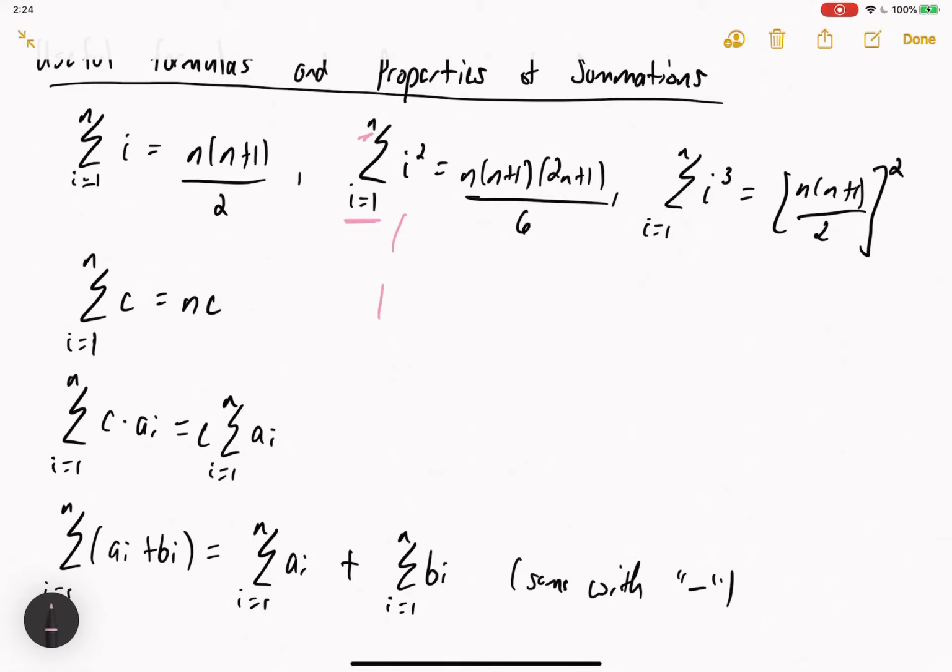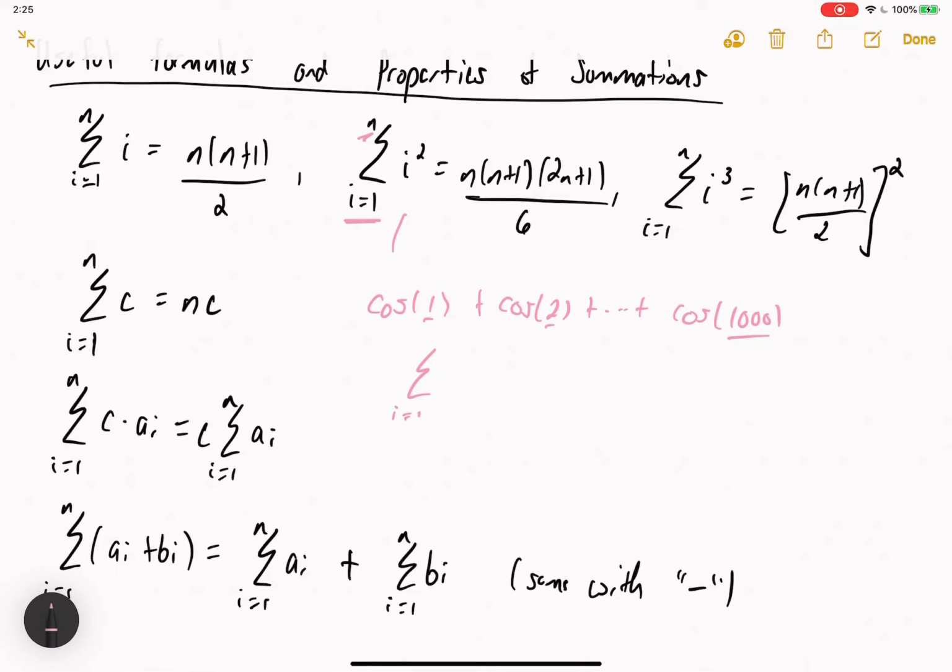Because if you wanted to write, let's say, cosine of 1 plus cosine of 2 plus all the way up to cosine of 1000, we could write it like that, but it'd be annoying to write it like that always. So instead we could say, okay, this starts at 1, goes to 2, and keeps on going up to 1000.